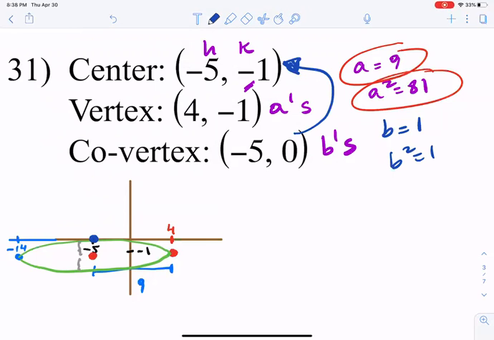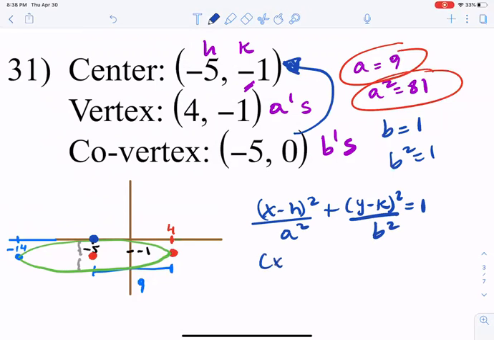So we need to write the equation. This is a horizontal shift. So this is (x minus h) squared over a squared plus (y minus k) squared over b squared equals 1. A is on the bottom, B is on the bottom, and just substitute and you're done. So this is (x plus 5) squared over, what's the value of A squared? 81, plus (y minus k), so it's (y plus 1) squared, over b squared, which is just 1, and this is 1.